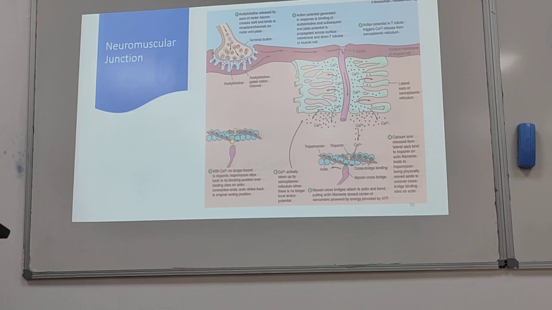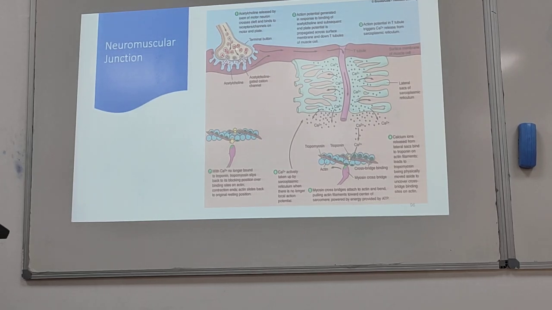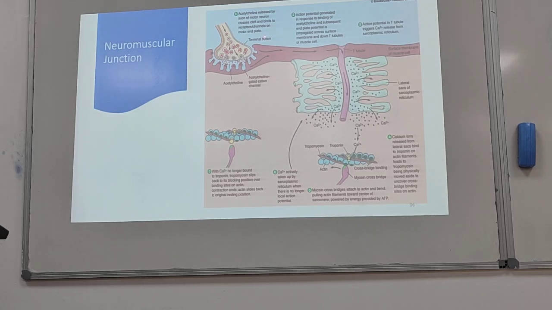So all these processes are now in one place. Don't worry, read them when you are free. Step 1, step 2, step 3, step 4, 5, 6, till it is relaxed again. I will discuss this in a minute. This is the nerve. This is called the neuromuscular junction. This is a nerve joining with a muscle. How can my brain order my finger to do this?